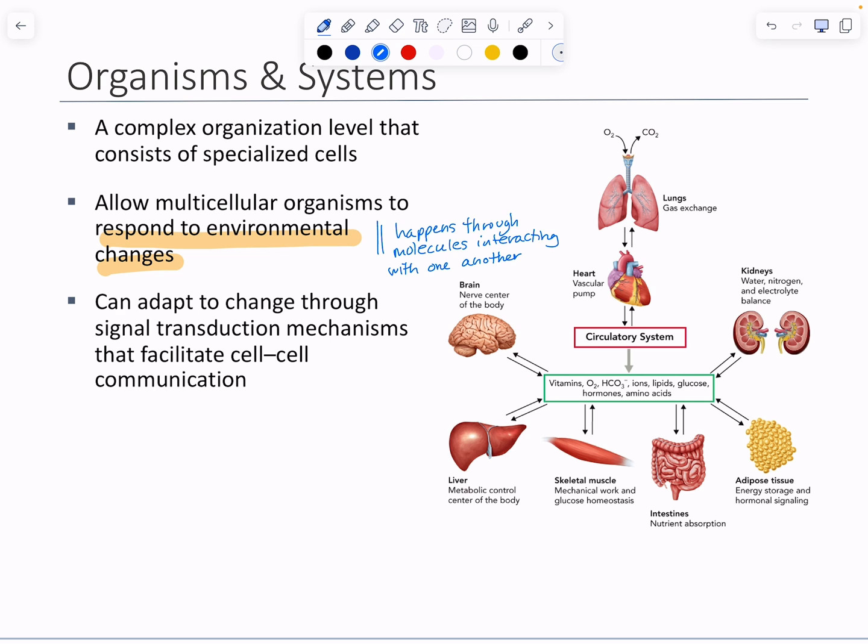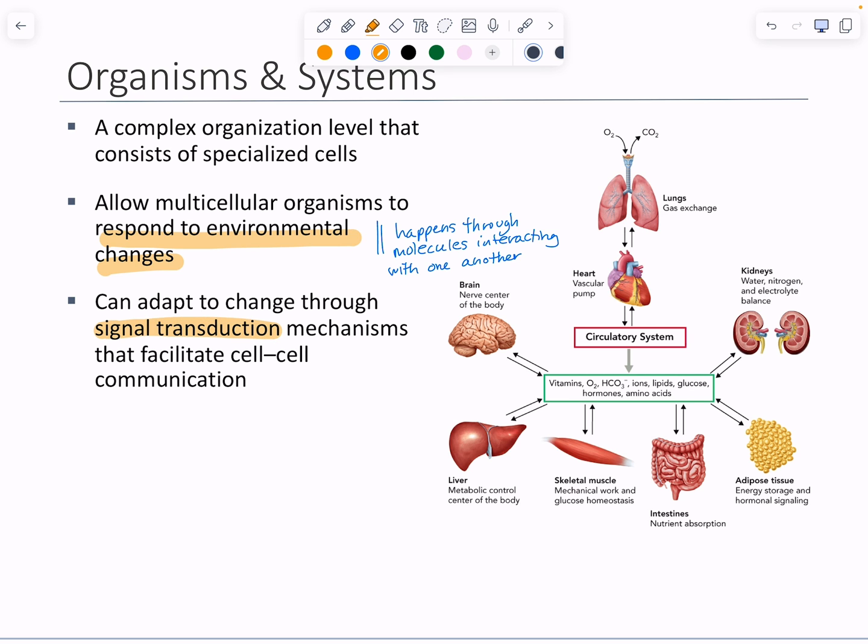So the way that molecules or systems that are farther apart from one another communicate is through electrical conduction through nerves, or through molecules diffusing and moving from one place to another, resulting in something we call signal transduction.